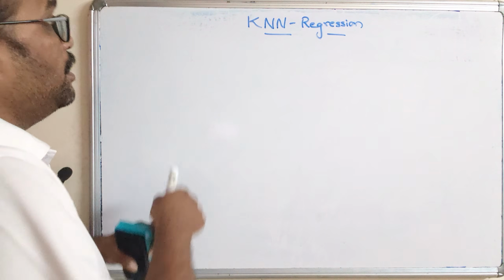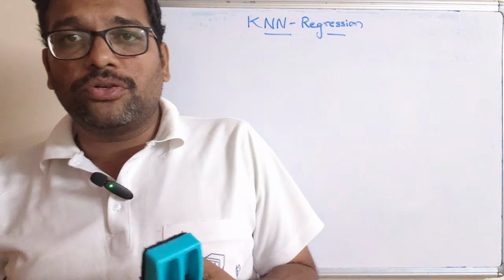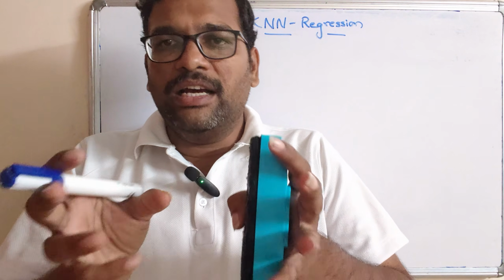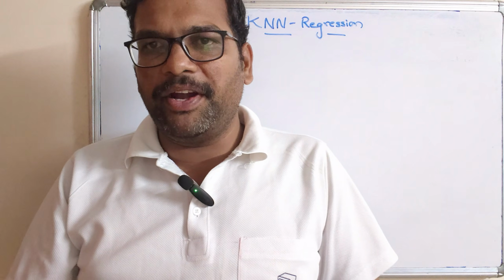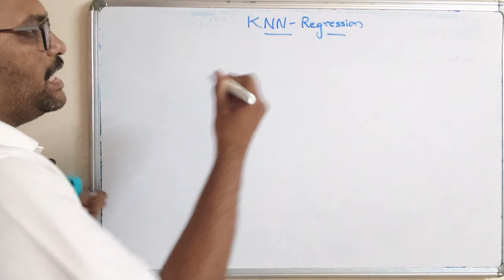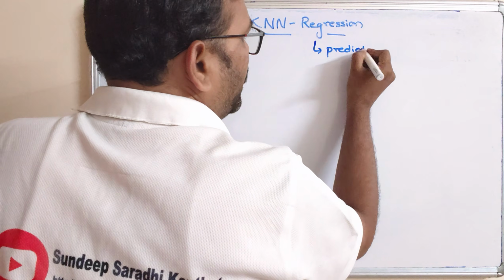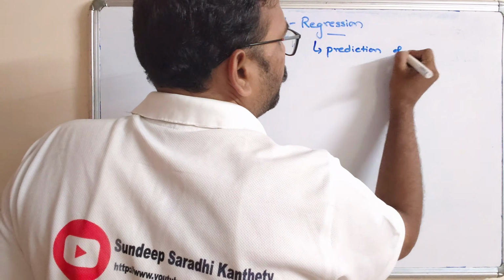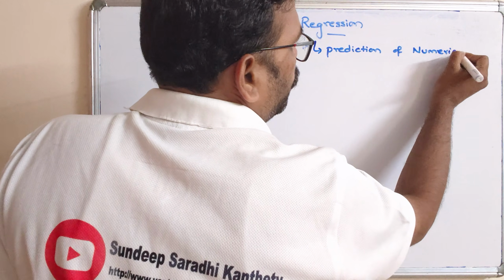Here we have seen the KNN classification algorithm, where we find the closest nearer points and then the classification is predicted. But regression means prediction of a numerical value.